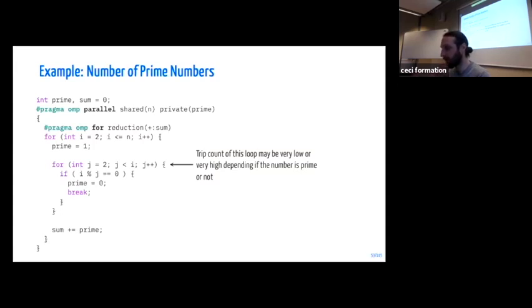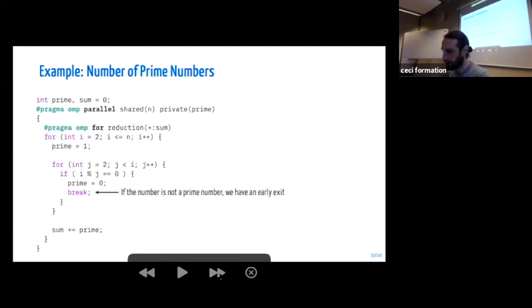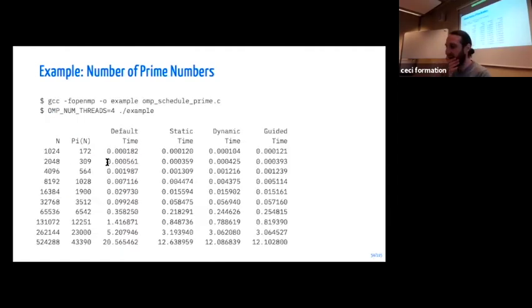You don't know exactly because you have an early exit there. So this loop can be either very long or very short. If the number is not a prime number, you have an early exit, so all these iterations will not be run. It means that you do not have a constant amount of work between the threads.